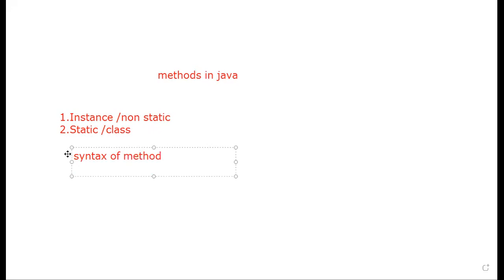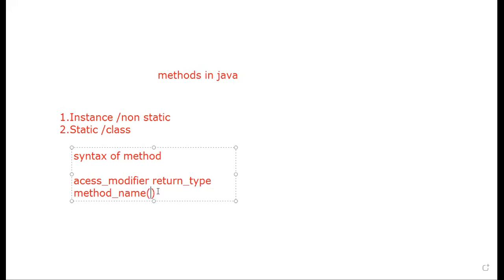Syntax of method: access modifier, then return type, method name, and parenthesis.